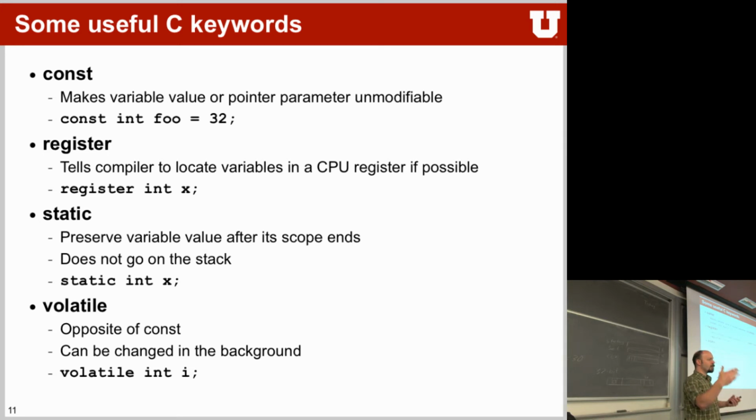Well, that would defeat the purpose, right? Because you wanted to really read that memory location. So what you do is you declare this as volatile, and then you know it will actually read that particular memory location all the time.